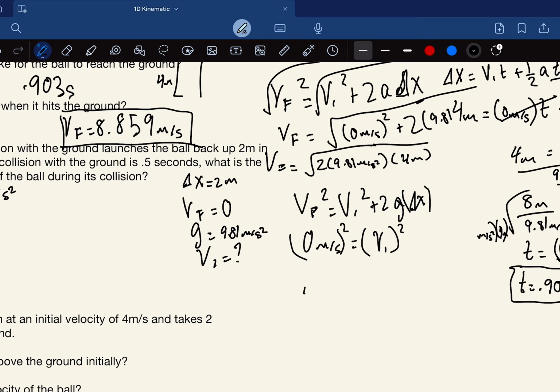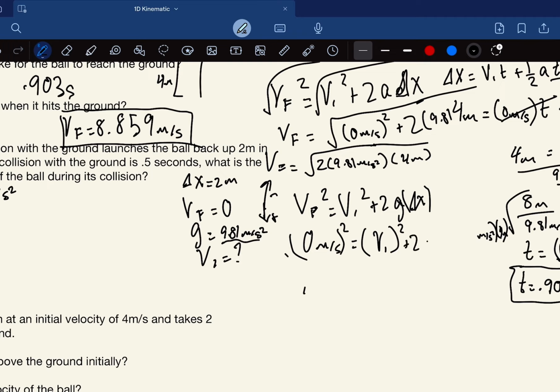We are looking at this direction as the negative direction and this direction as the positive direction. So anything going up has a negative velocity, anything going down has a positive velocity. And since gravity is going down, gravity is positive.